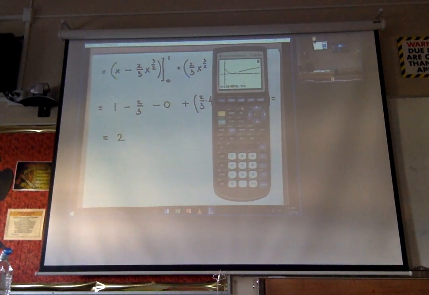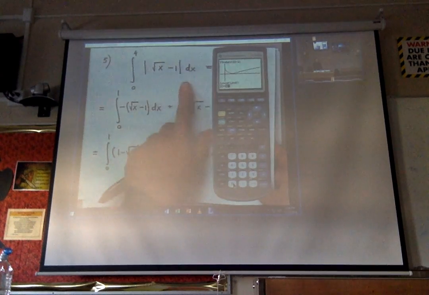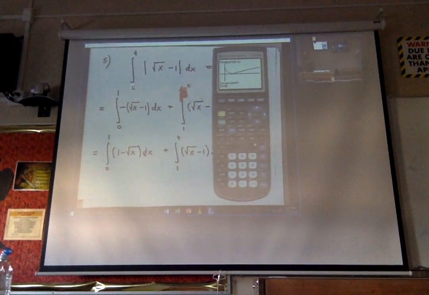You go second, trace, which is calculate, and you go to number 7. It's asking for the lower limit. That's 0, right? We're just putting this into the calculator to see what we have. The upper limit was 4. I'm going to hit enter.